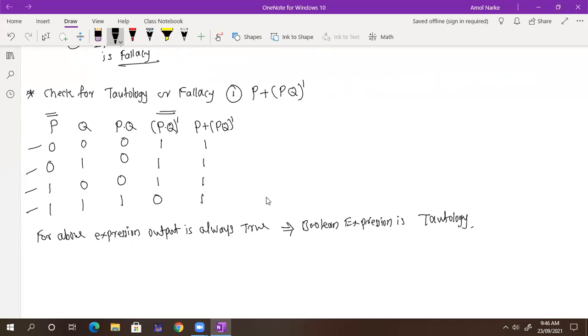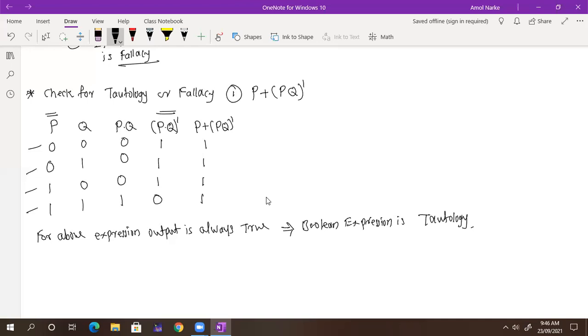Got it, everyone? Yes or no? Yes, sir. Okay. So this is what we have for the tautology. And similarly, when we have a particular statement, you check whether all the outputs are false or 0, 0, 0. At that time you can say that the particular statement or Boolean expression is false.